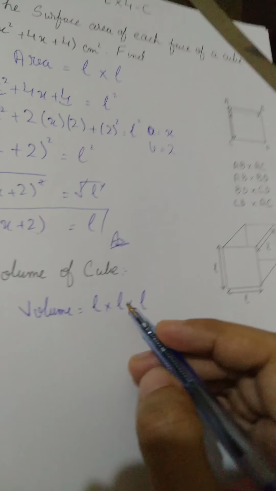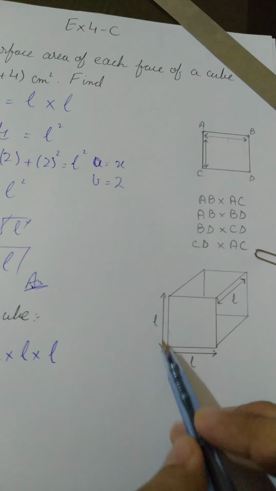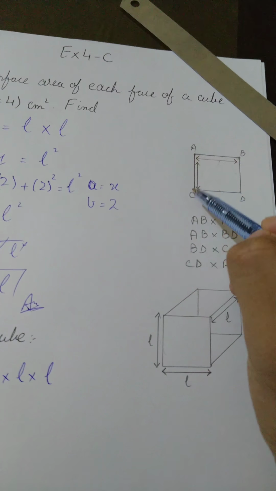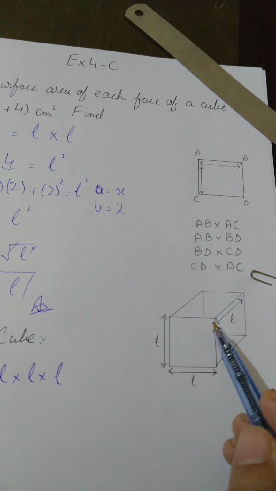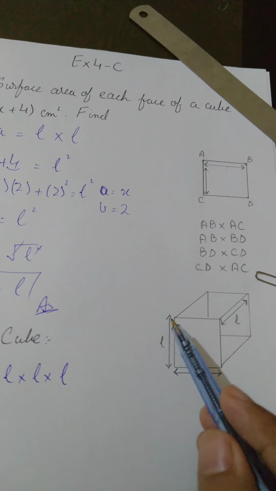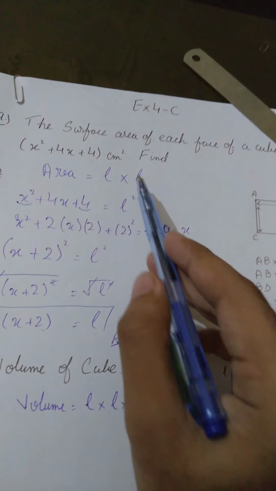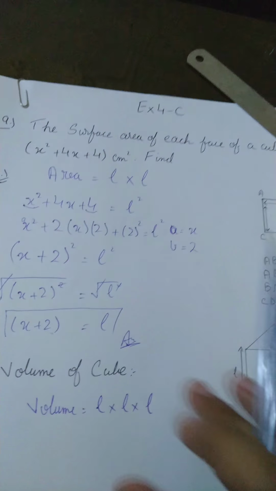As you can see, the first 2 lengths, the surface area here, in these two are similar. If you consider only this face and this front face of the cube, this was given to me. The 2 sides are multiplying, so I can take these 2 sides as the area, and the area was given to me in the question.